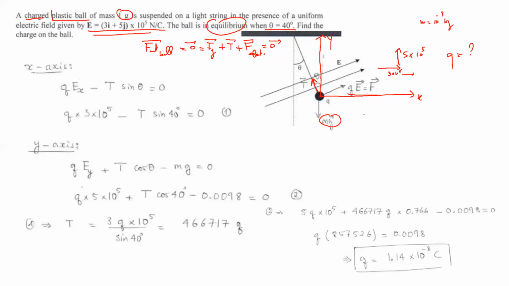Let's start with the gravitational force. Gravitational force along X is 0. Good.